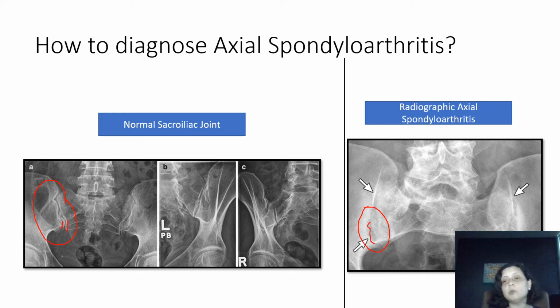So that's how you diagnose axial spondyloarthritis. If you suspect it, order a sacroiliac joint X-ray film, and if it shows some changes, then you would classify this as radiographic axial spondyloarthritis. Radiographic because it's seen on the X-rays.